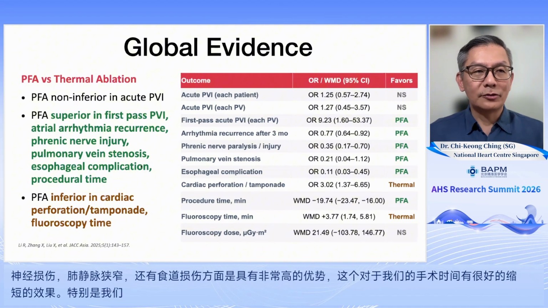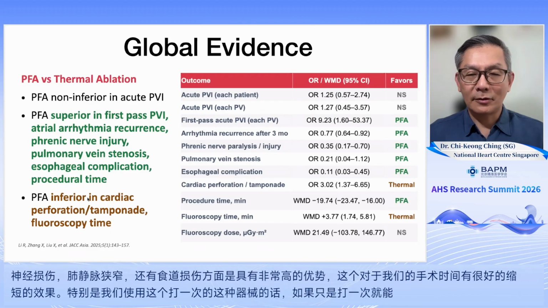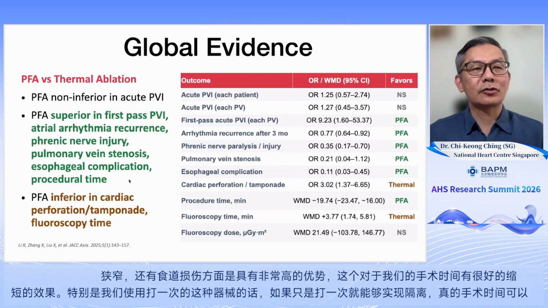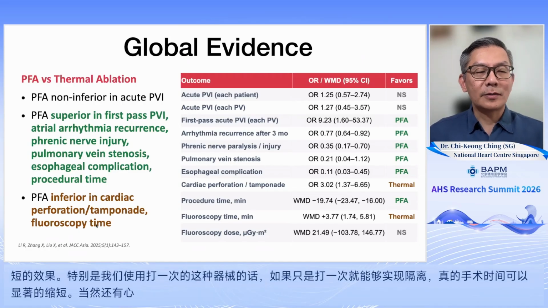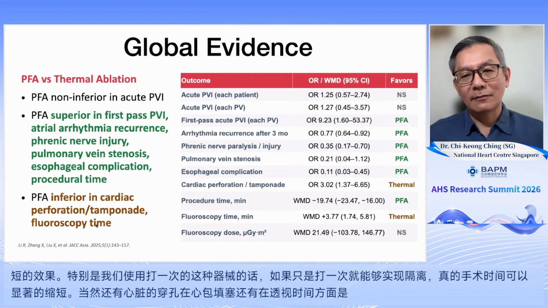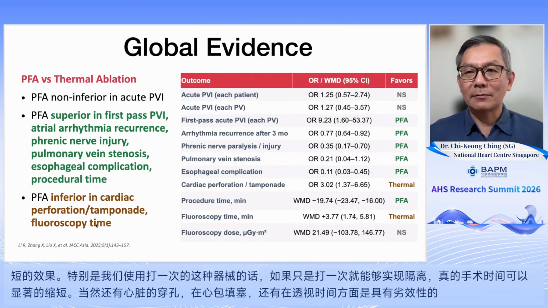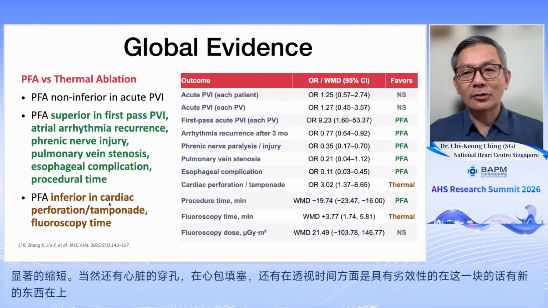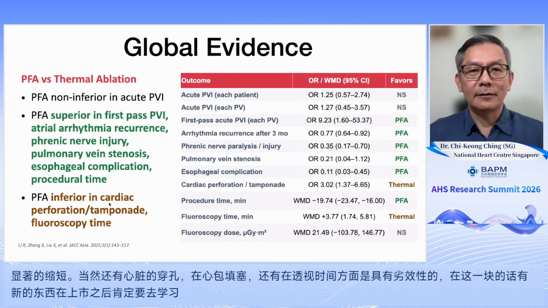As with new technology that comes with a larger sheath, there is an increase in cardiac perforation or tamponade, probably tied to the learning curve with such new technology. Fluoroscopy time goes up because the Boston Scientific FARAPULSE system, which came into the market as the first mover for pulsed field ablation, is largely a fluoro-based system.